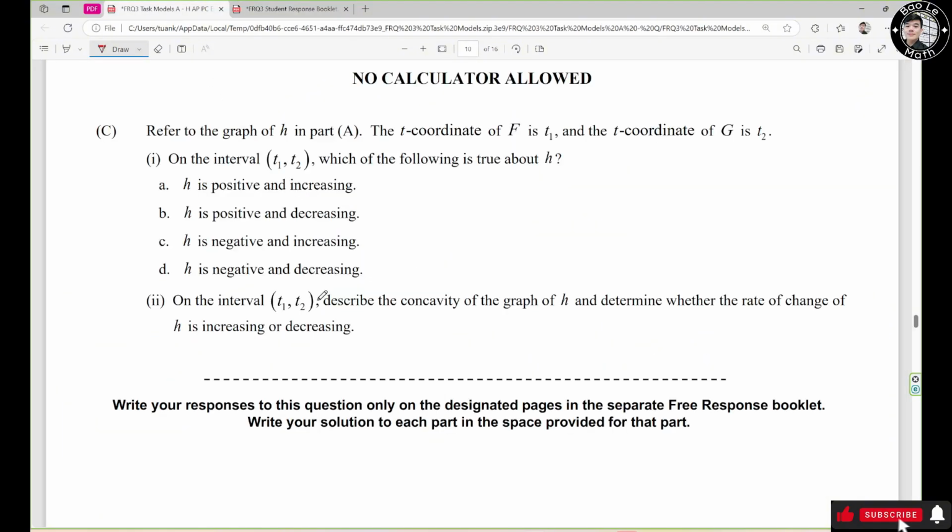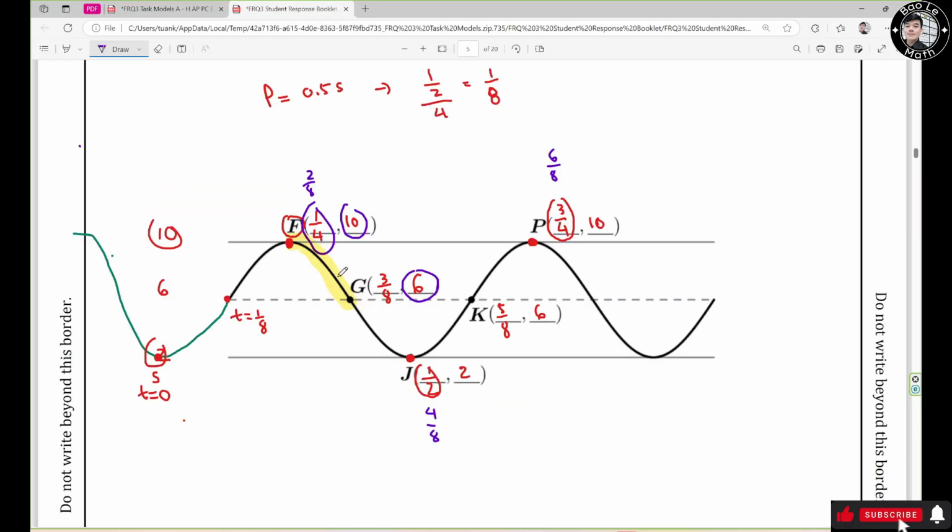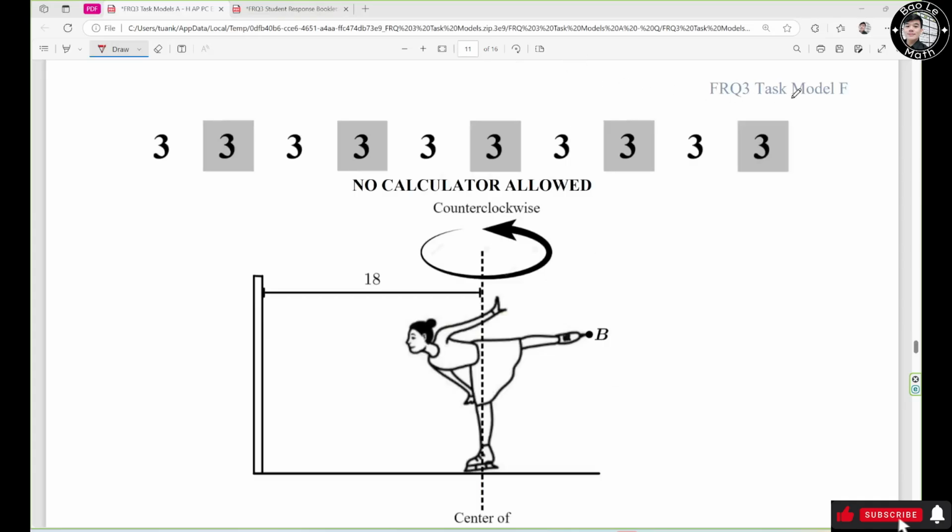So the function is positive and decreasing. The answer must be B. Within this interval, the graph of the function is concave down, and the rate of change is decreasing. Let's move on to the next question.